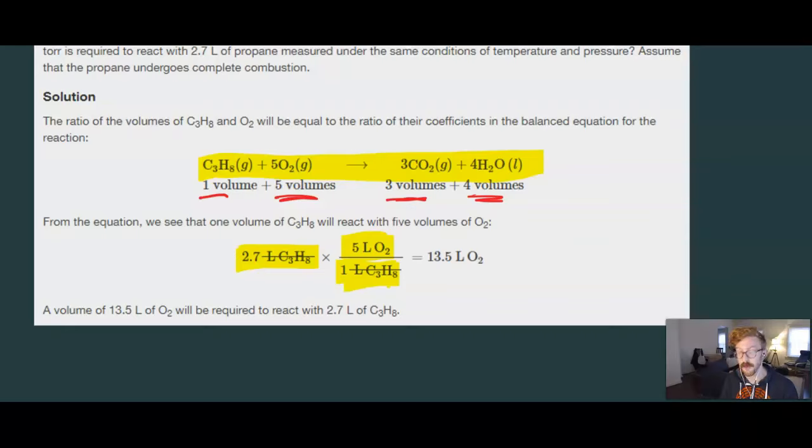So here we're sticking with units of liters because that's the starting point, and that easily allows us to calculate the volume of O2. We did not have to go through moles. It's sort of a shortcut process to compare how many volumes of one gas will react with how many volumes of another gas to produce how many volumes of some other gas.